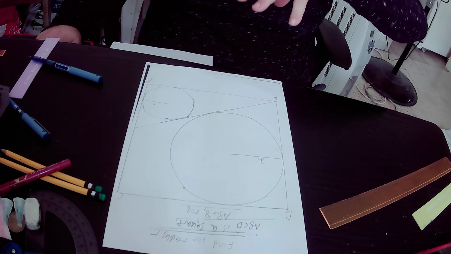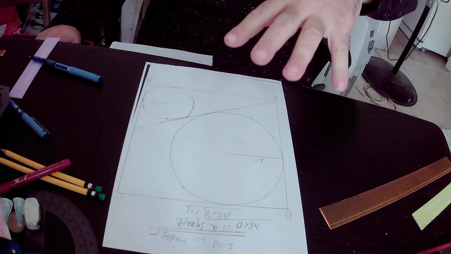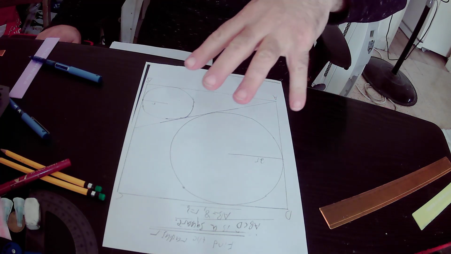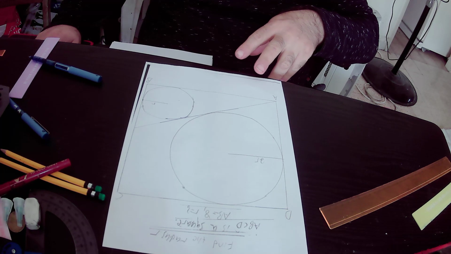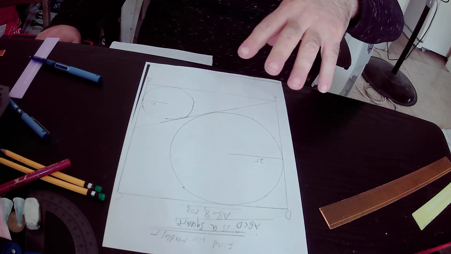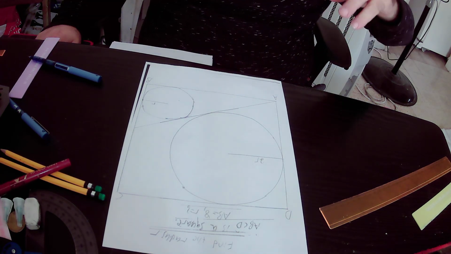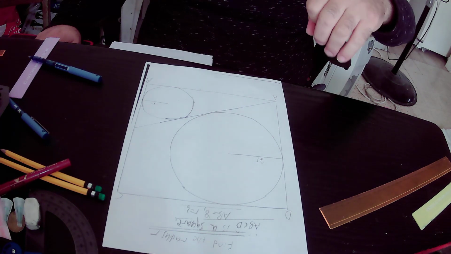Hello, in this lecture we will find the radius of the small circle. In the drawing we have a square ABCD, and we know that the size of one side of square ABCD is equal to 8 units, and inside the square we have two circles.